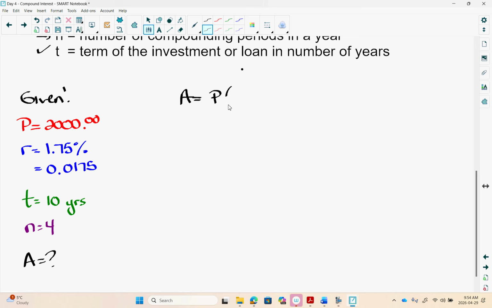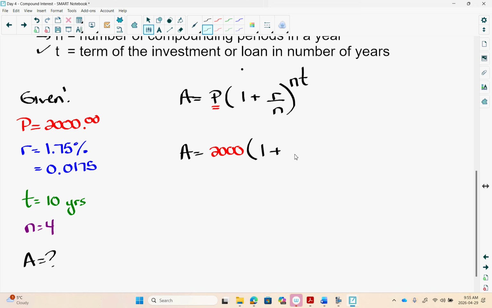It's the principal. Open your bracket. 1 plus R divided by N raised to the power of N times T. And when I fill this in, what should I fill in for P? Look at your list of given information. $2,000 would go here. Left bracket, 1 plus.